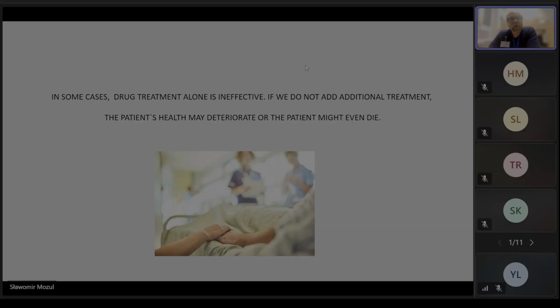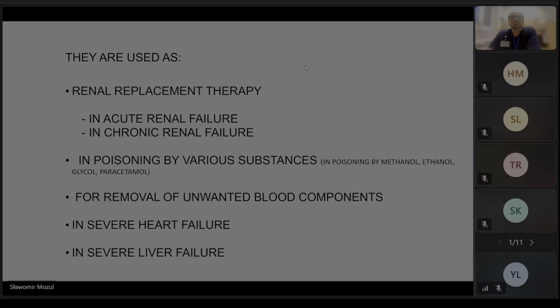Currently, we have many different methods that allow for additional therapy, life prolongation, or even complete recovery. These techniques are now available worldwide.